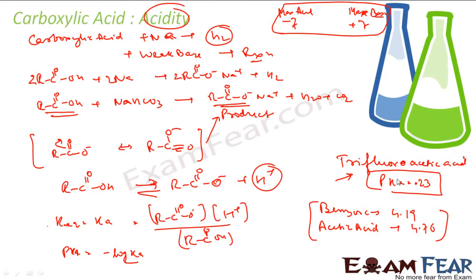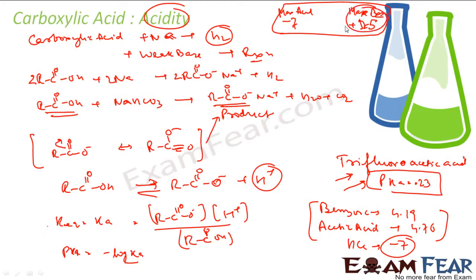HCl is the strongest, an inorganic acid, with a pKa of -7. So with that you can make out that even if we call them acids, carboxylic acids are not very strong acids. The range is actually not +7 but 15 plus.